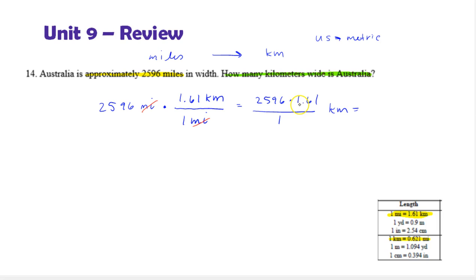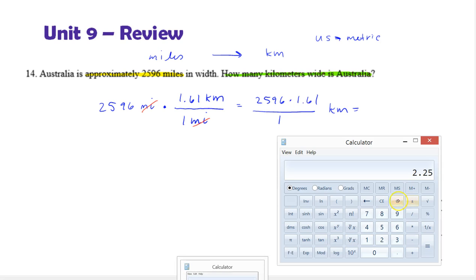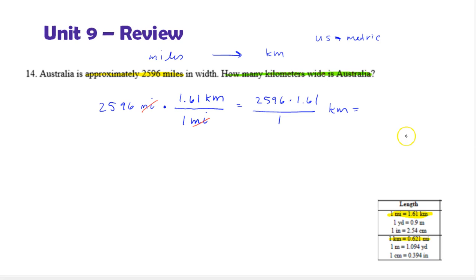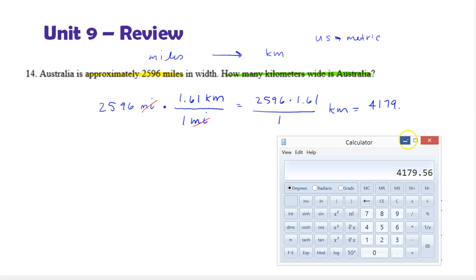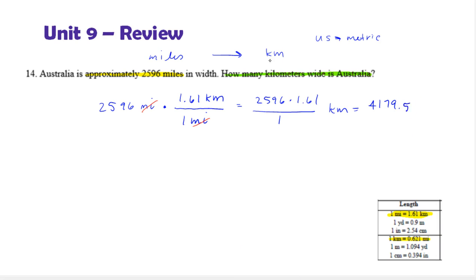So we can just multiply these two numbers, and dividing by 1 will give us the same result. So 2596 times 1.61. And I would have rounded to 2 decimals, but that's what we get anyway. So 4179.56 kilometers.